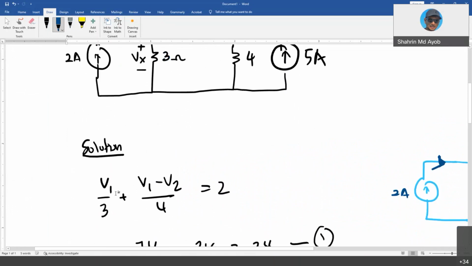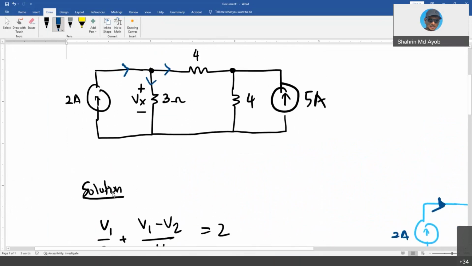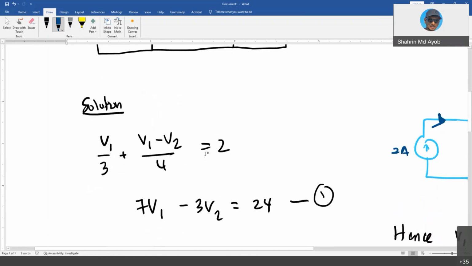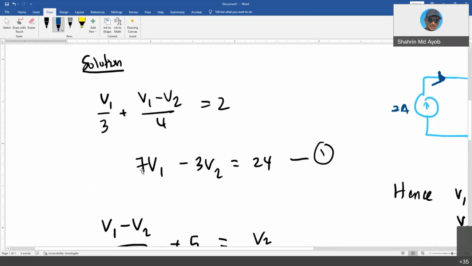As you can see, we have two currents going out, V1 over 3 and another one V1 minus V2 over 4 ohms, and this equals 2 amperes, which is your current source. After rewriting this equation, I obtain the first equation that relates V1 and V2 as follows.